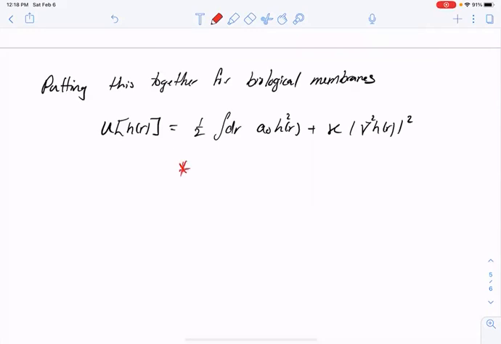This has actually got a name. It's called the Helfrich Hamiltonian. First motivated or postulated by Helfrich in 1977, and really is a canonical model for considering biological membrane mechanics.